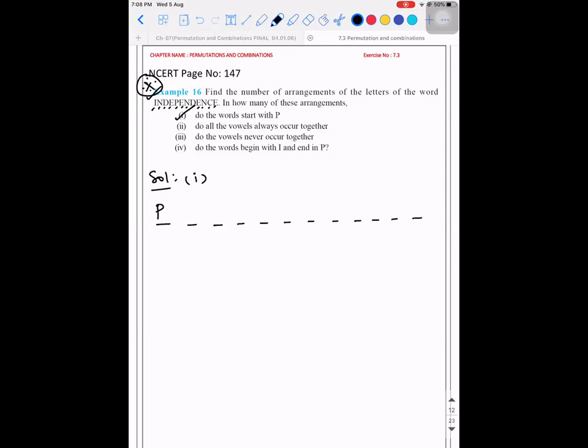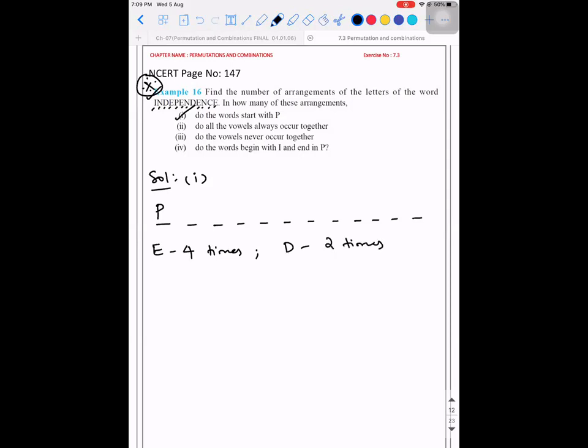Now, how many letters am I left out with? 11. In those 11 letters, are there any letters that are getting repeated? E. E is getting repeated how many times? 4 times. D is getting repeated 2 times.